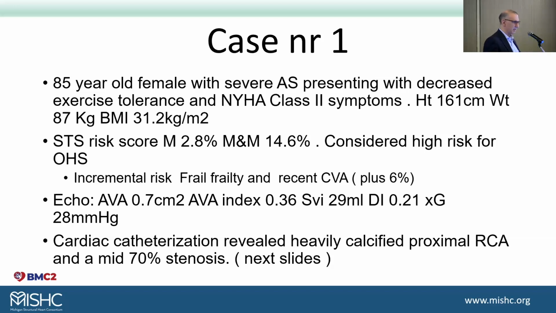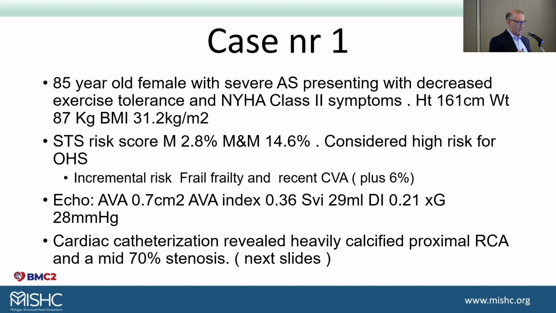So the first case, these are 2 cases in the last month at the university structural program. 85-year-old female with severe AS with decreased exercise tolerance, NYHA class 2. There's her height and weight. Sometimes this is germane. STS score was 2.8, M&M 14.6. She had some instrumental risk.